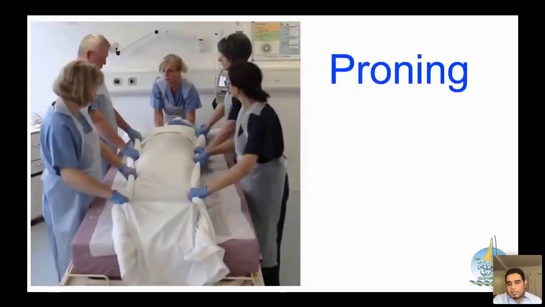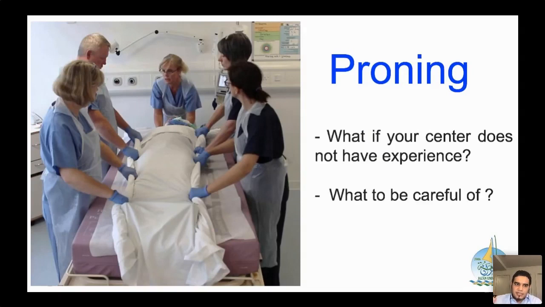So for proning, there are two things that you really need to think about every time you start thinking about doing a proning. All right, so what if your center does not have experience? Again, Dr. Martin was saying that every hospital that does spine surgeries, the OR nurses are actually trained in how to prone the patients for back surgery, for spine surgery cases.